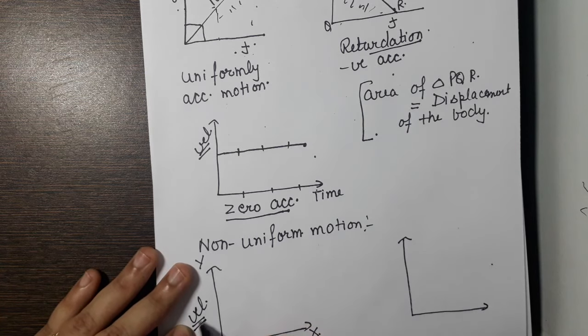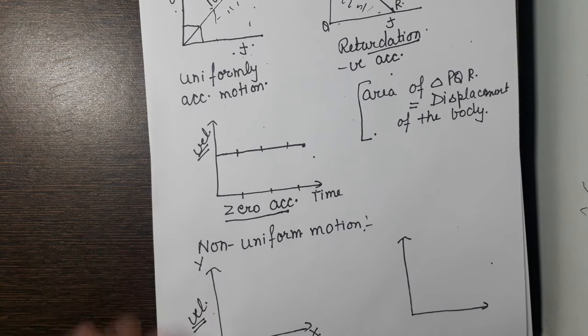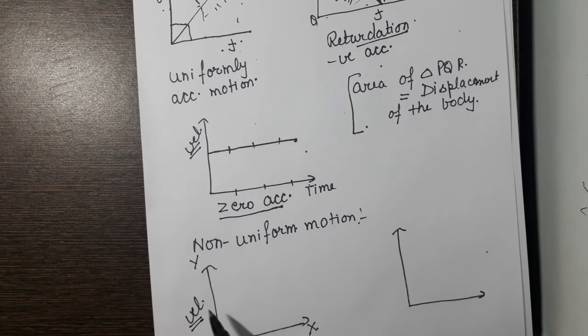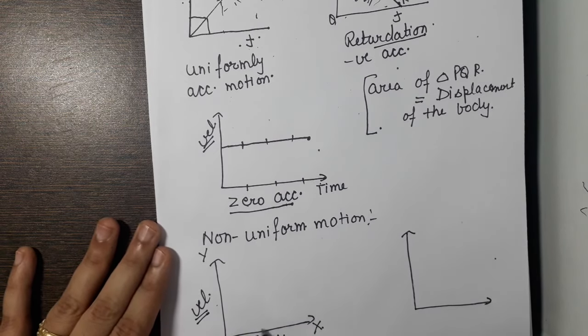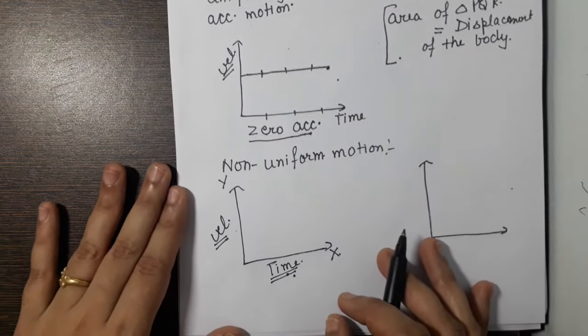Dependent quantities we take on the y-axis and independent quantities we take on the x-axis. Dependent quantities means those whose variation depends on another quantity, because velocity is dependent on time. With time it is varying, but time is independent. Time doesn't depend on velocity.